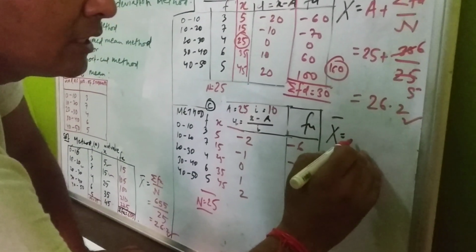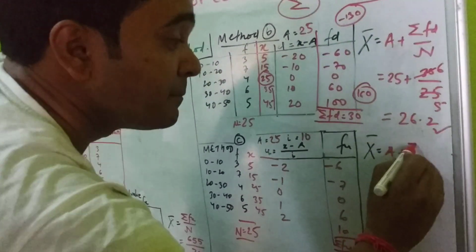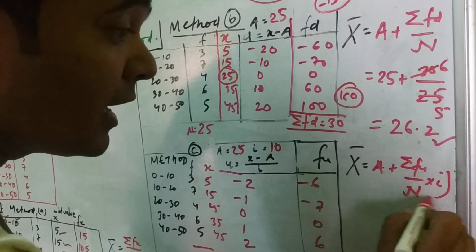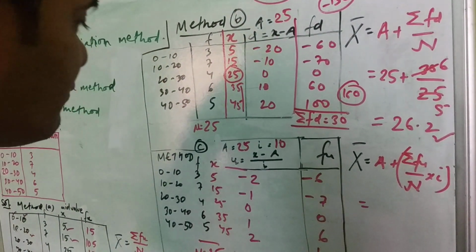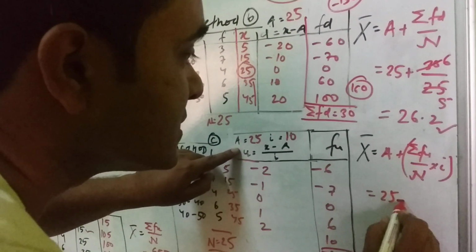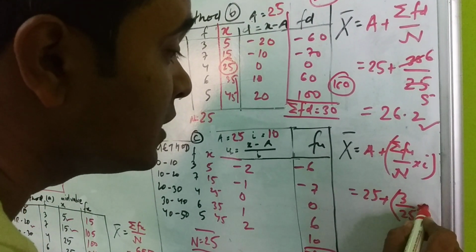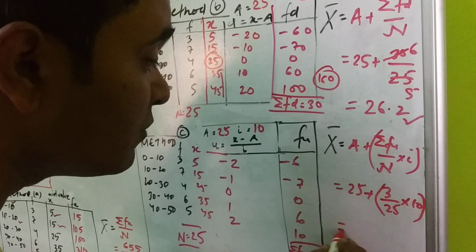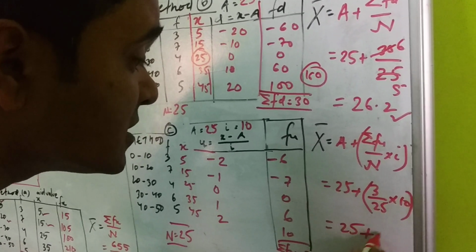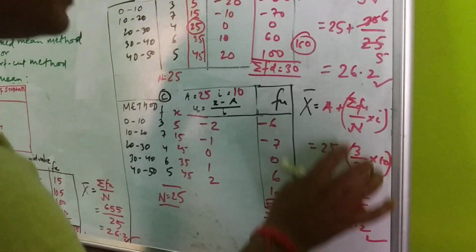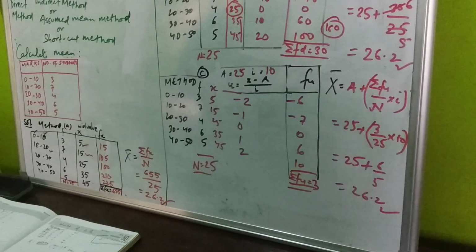The formula for mean now is A plus sigma fu by n into i. So A for me is 25, sigma fu is 3 by 25 into i, which is 10. If I solve it, I'll get again 25 plus 6 by 5, which is 26.2. So by any method, we get the same answer.